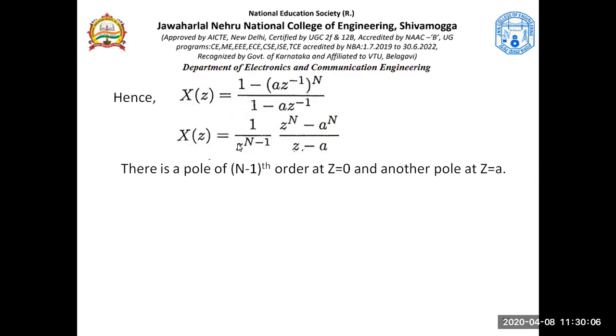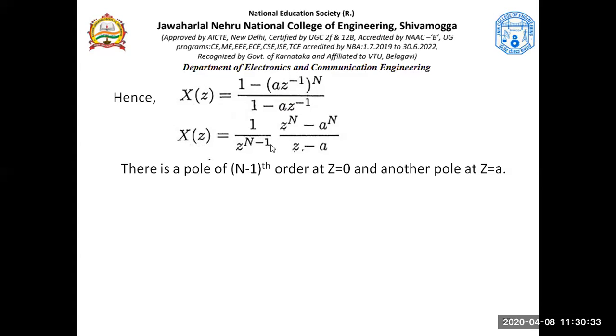That means how many such z's are here? There are n minus 1 z's. Everybody should understand this. It is z to the power n minus 1. Z to the power n minus 1 means there are n minus 1 such z's. And if all such z's are made 0, this X of z would become infinity.